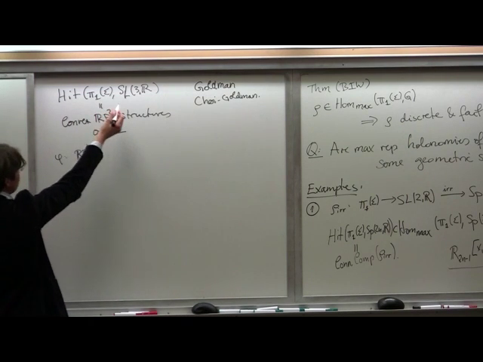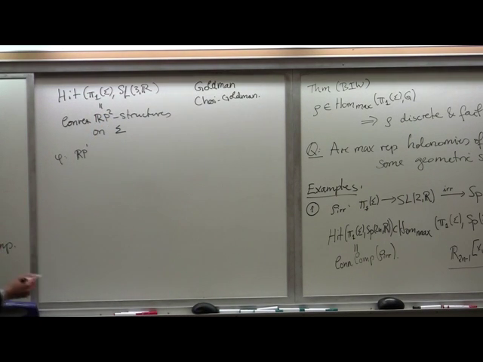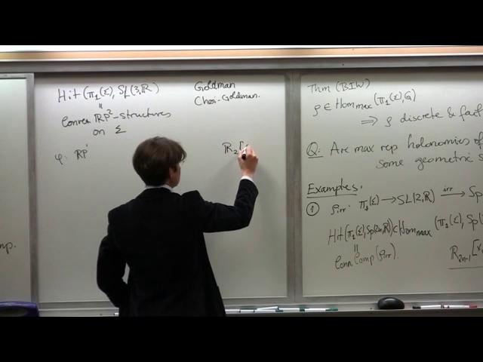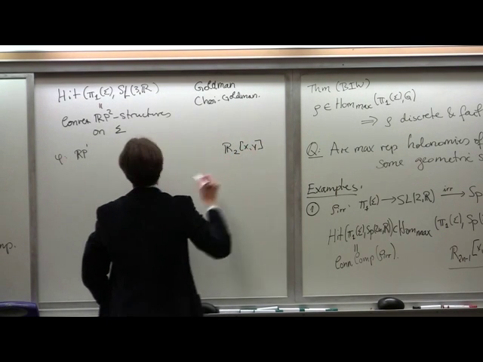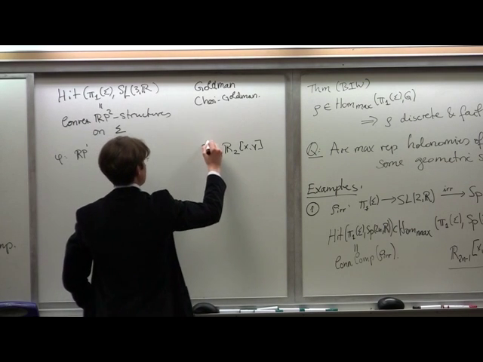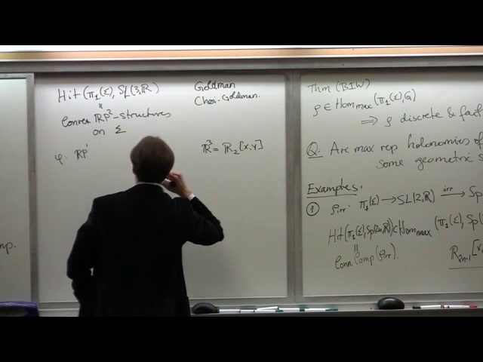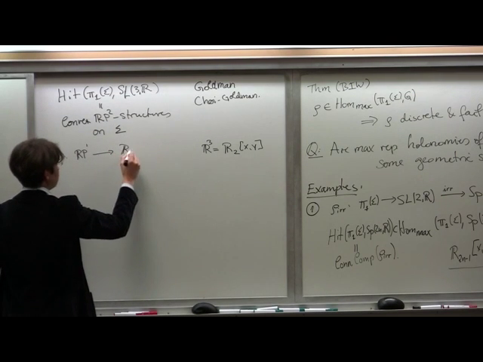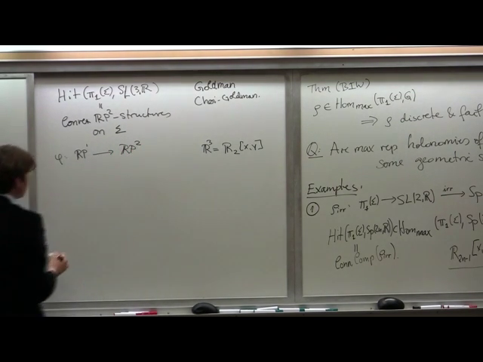now I first write it down for SL3R. For SL3R, you look at homogeneous polynomials of degree 2 in x and y. So this is R3. And you get a map from RP1 into RP2 in the following way.